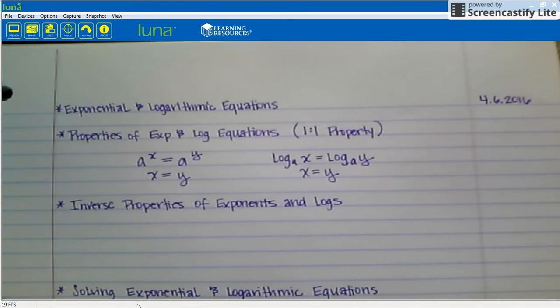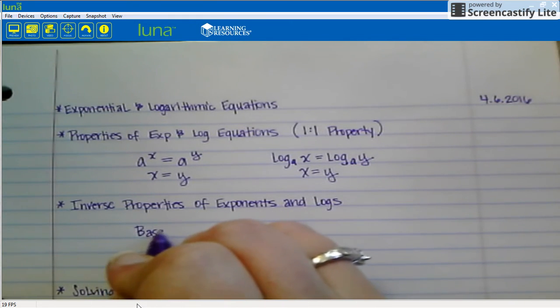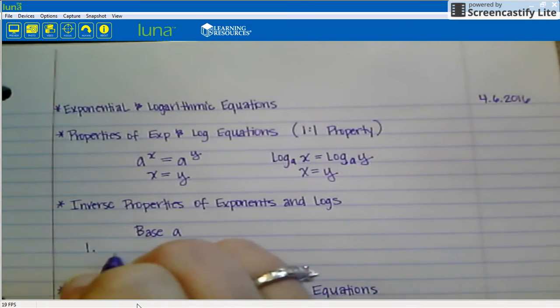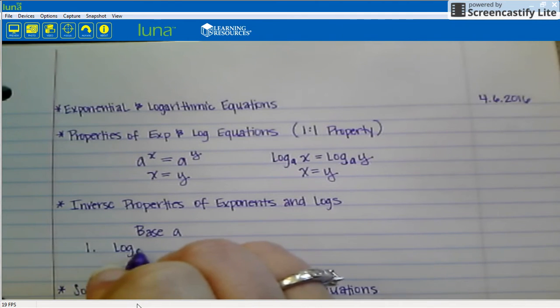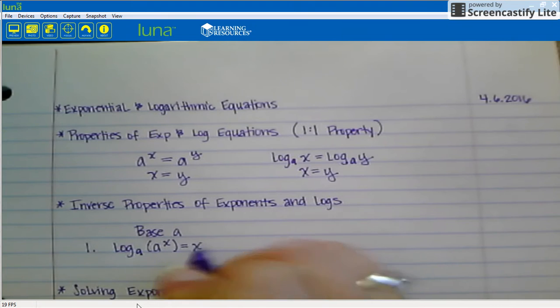In addition to that, we also have our inverse properties, and there are two different inverse properties that you work with depending on the base that you're working with. So if you just have a standard base a or a common log where you have a base of 10, then your inverse property for log base a of a to the power of x is just x.